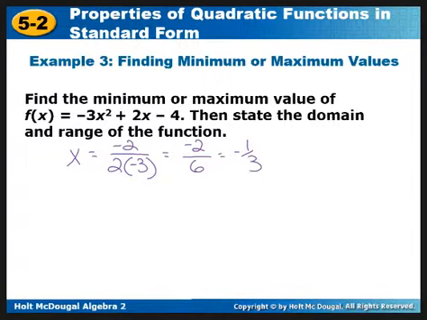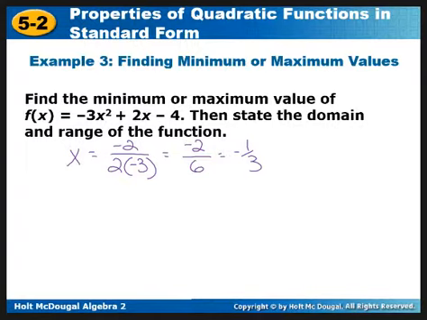Now again, not the easiest number in the world to work with, but we'll make it work. In order to figure out the maximum or minimum value, we still have to find the other component of our vertex.